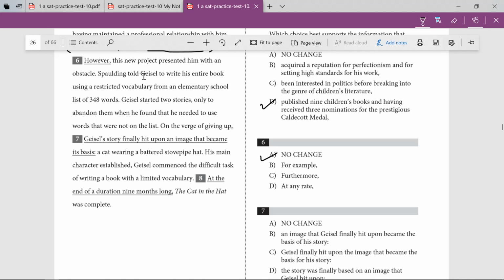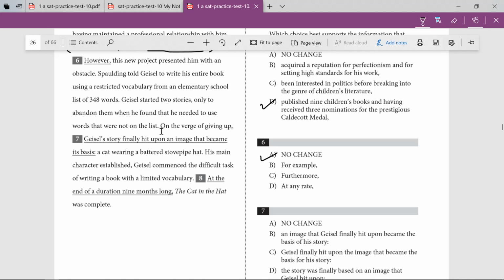Oh, so the boss told Geisel to use simple vocabulary from an elementary school list of this many words. Which means we are supposed to use only limited words. Started two stories only to abandon them. Found that he needed to use words that were not on the list. On the verge of giving up, this guy finally hit upon an image that became its basis: a cat wearing a hat.